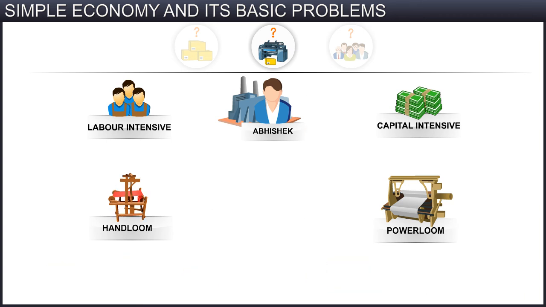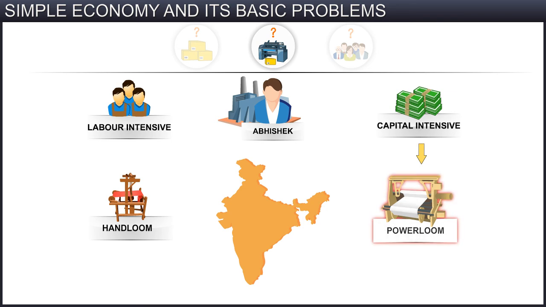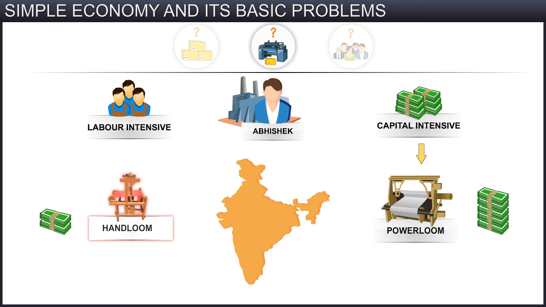In a country like India, where capital-intensive technology, such as power looms, are expensive and labour is cheaper and easily available, it is advisable to use the hand loom. So, by selecting labour-intensive technology, Abhishek was able to solve the problem of how to produce.